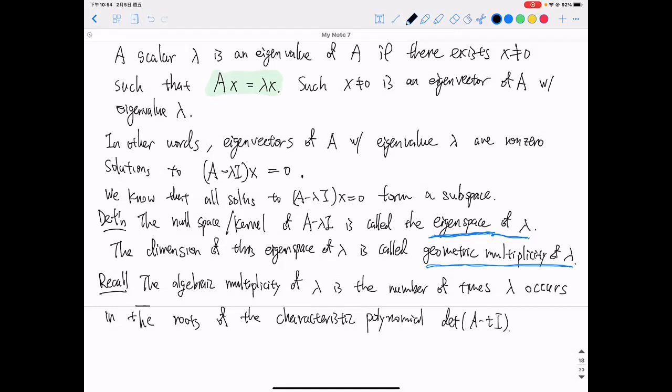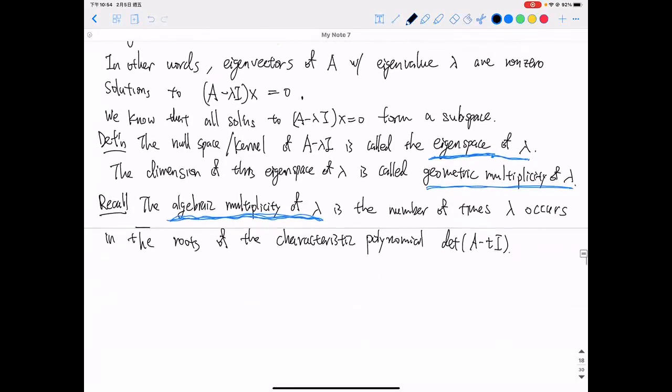So there was the notion of algebraic multiplicity that we defined for eigenvalue lambda. And now we define the geometric multiplicity of the eigenvalue lambda to be the dimension of its eigenspace. So there are two numbers that we can attach to a given eigenvalue.